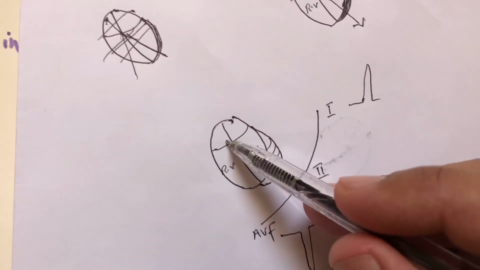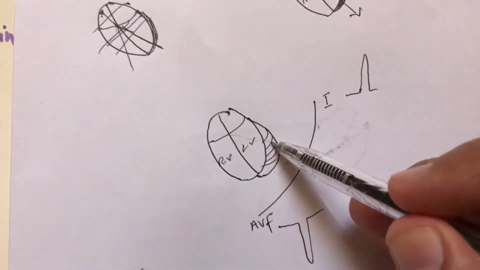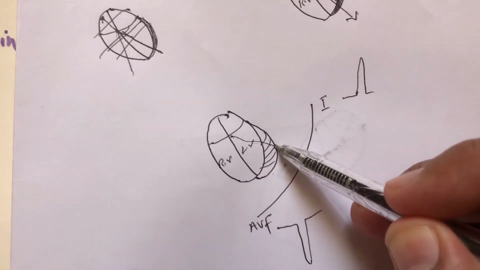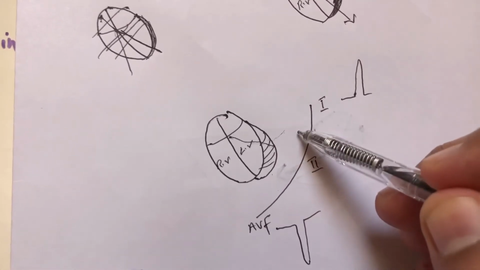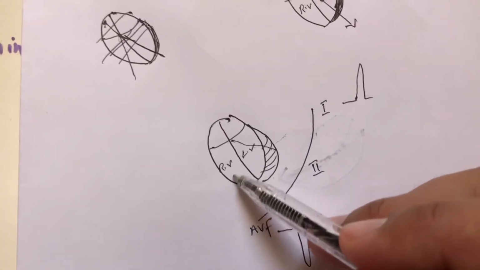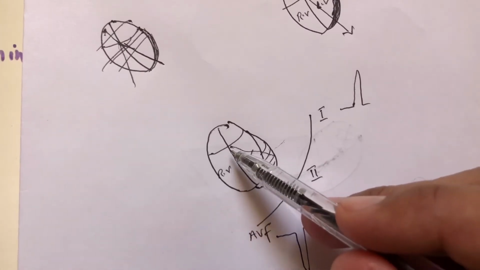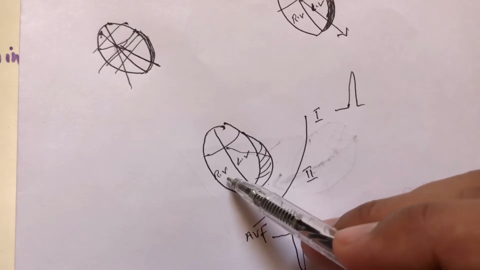Now the action potential, which was coming like this, will divert to the left ventricle. When it diverts to the left ventricle, this side lead will show positive deflection overall, and this side leads will show negative deflection, because the action potential is going toward this side and away from this side.